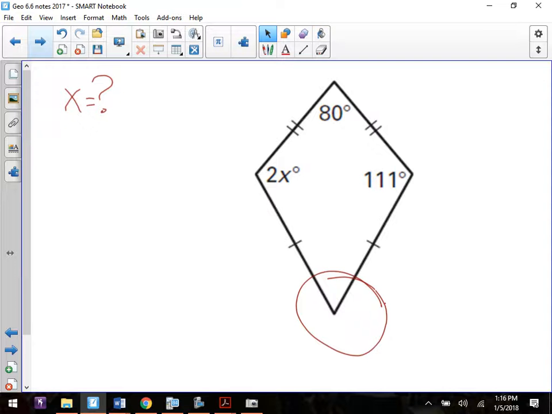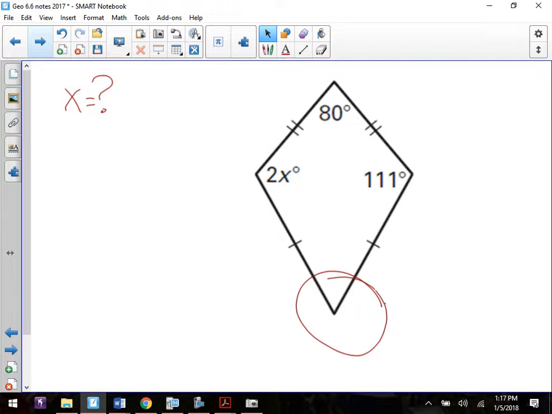So what's x going to have equal? 5.5. So you get 55 and a half, and what's left over for that last one? 58?